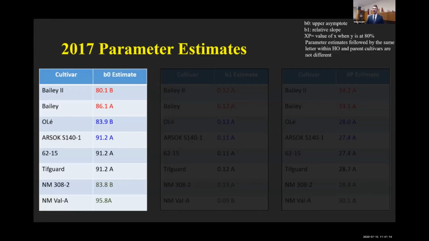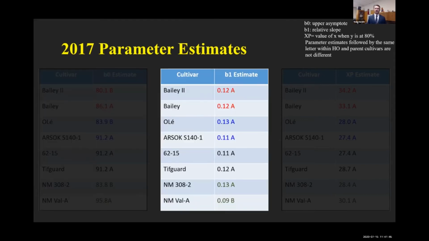Next, let's move into our parameter estimates. Again, B0 is the upper asymptote, B1 is the relative slope, XP is the value of X when Y is at 80%, and the parameter estimates followed by the same letter within HO and parent cultivars are not different. So for B0, the upper asymptote, the HO lines and parents were different for all cultivars except the runners, in which they were the same.